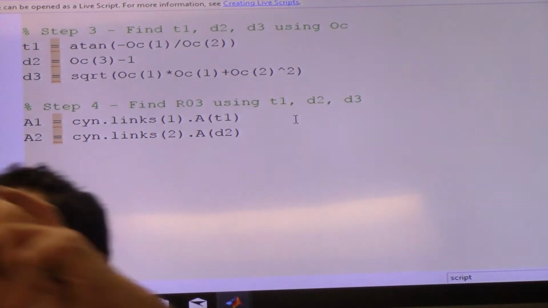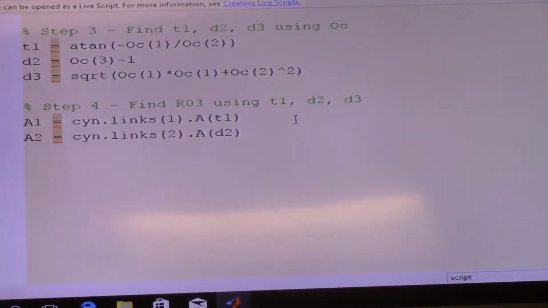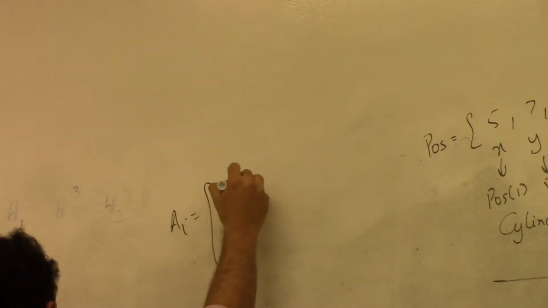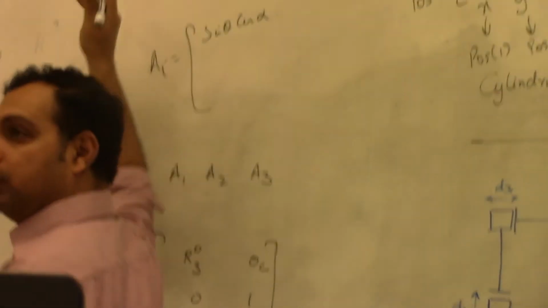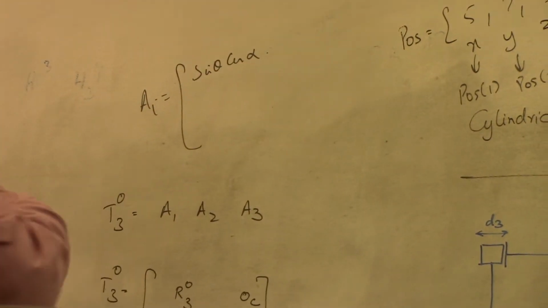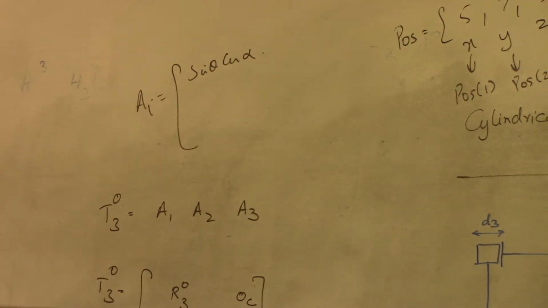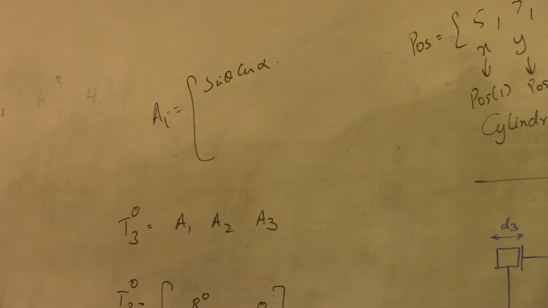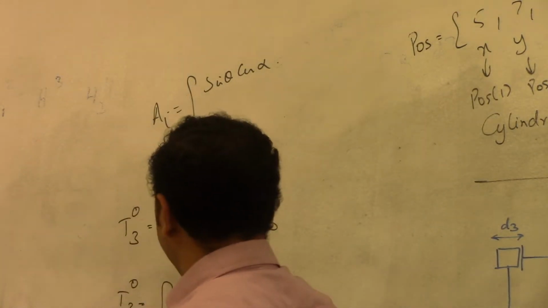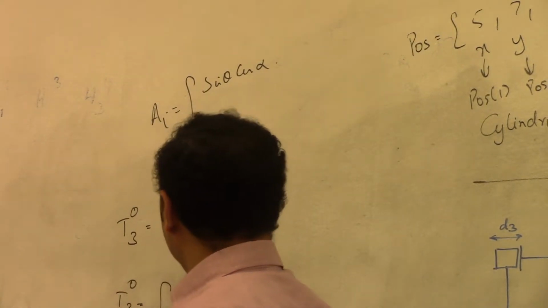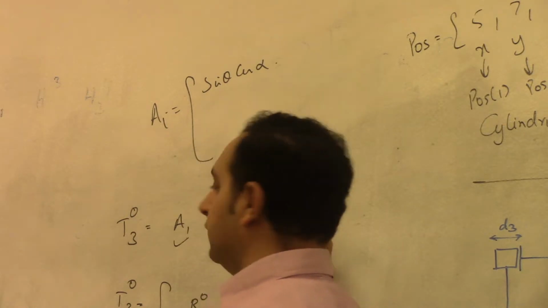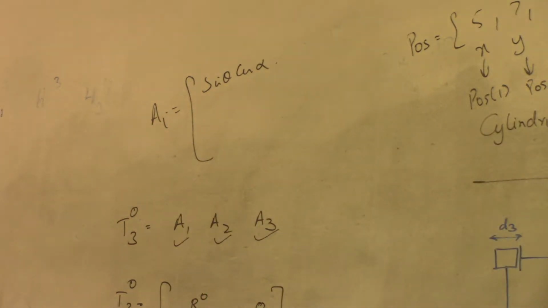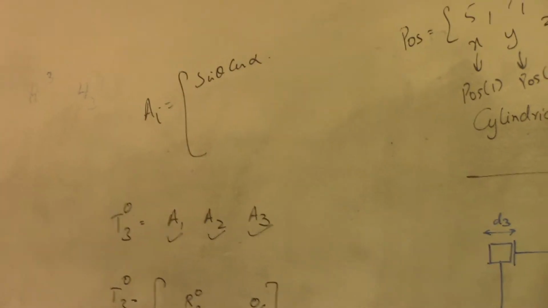Right? I gave you a 4x4 matrix in a handout, A1. Sin theta, cos alpha, cos theta, sin alpha. Right? For each thing you have an A matrix. Each link has an A matrix, right? So if you have T03, this is for the first link transformation, second link transformation, third link transformation. Okay? Let's do A3.